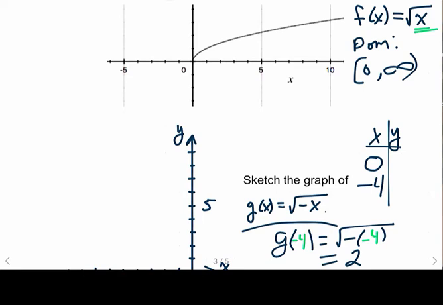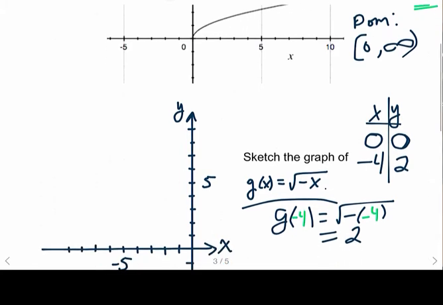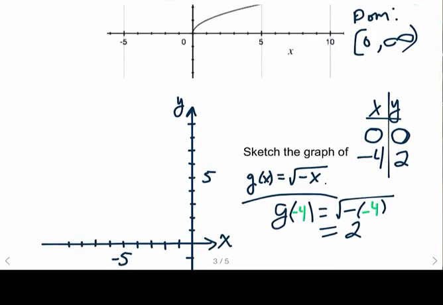And 0, of course, doesn't play the positive or negative game. But what I see here is that I need to include only negative numbers and 0, no positive numbers. So the domain of this function is going to be negative infinity to 0. And in both of these cases, we have a square bracket at 0 because we are including 0.